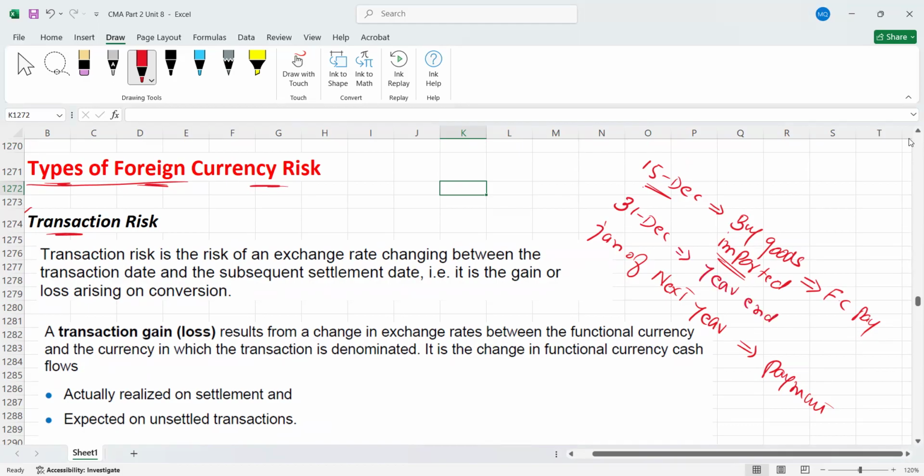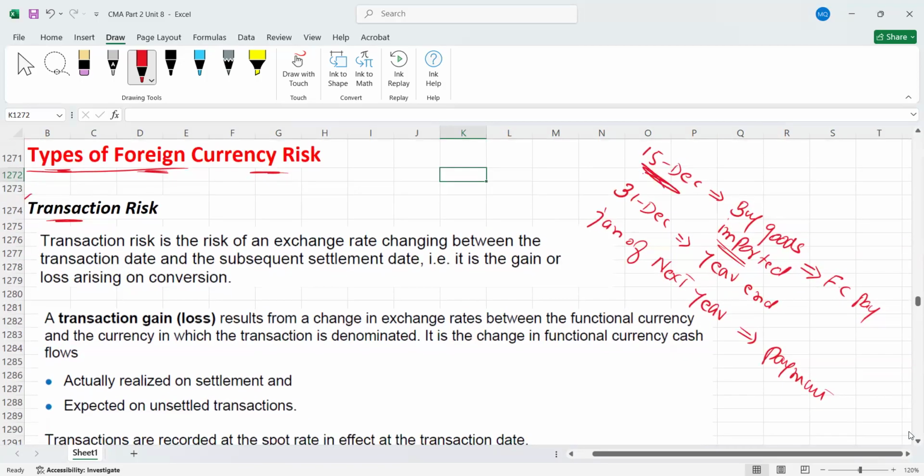At 15 December, the spot rate, meaning the current rate of the two currencies, could be different. At the end of year, the exchange rate could be different again. And at the time when you settle the transaction in January, again the exchange rate could be different.